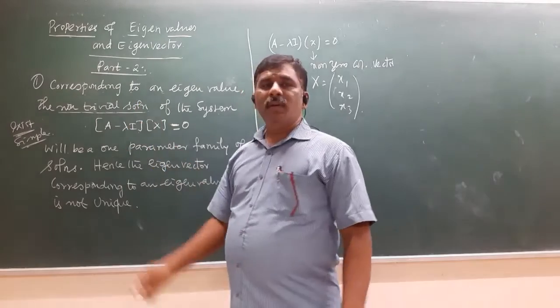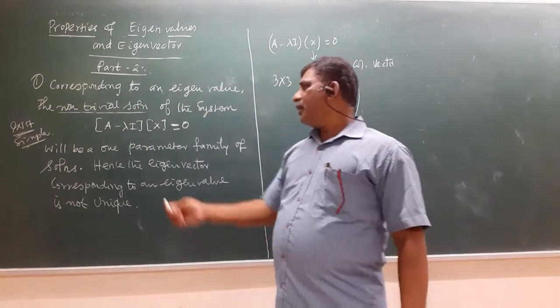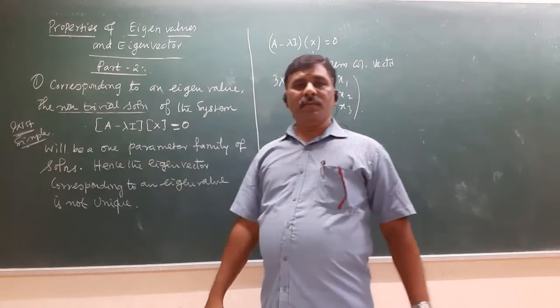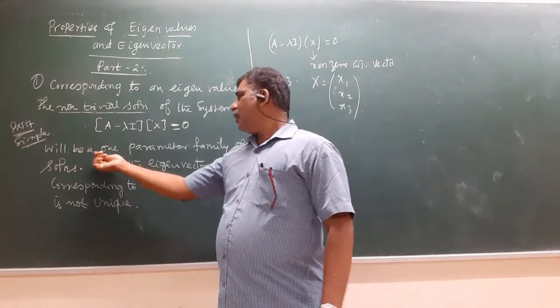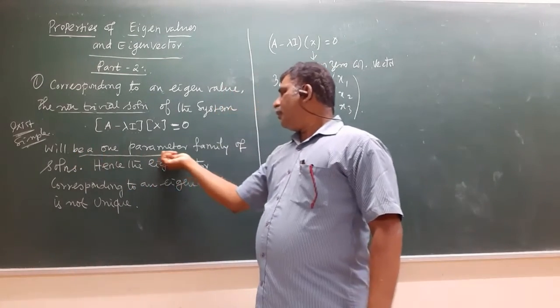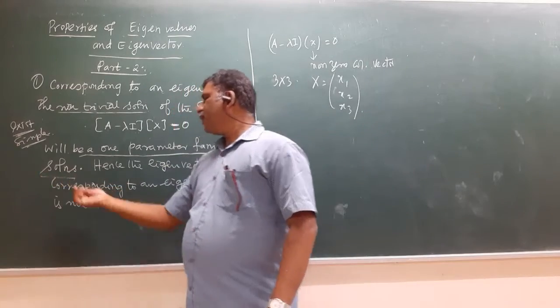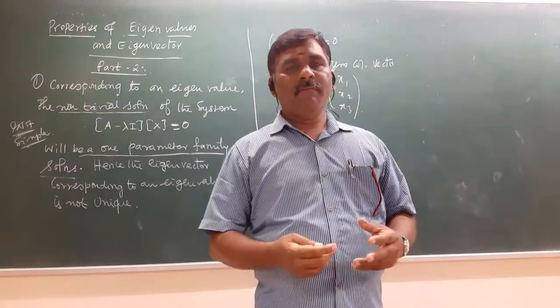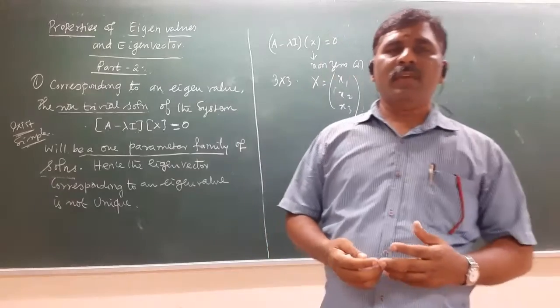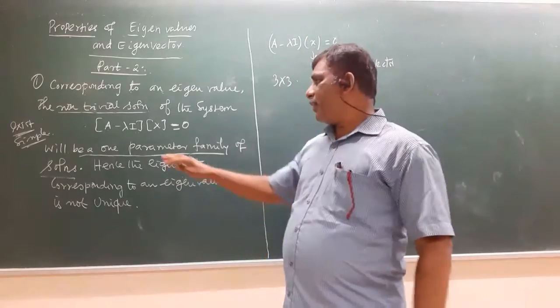Particularly, this property says that when you are finding the non-trivial solution, it is a one parameter family of solutions. So what is called the family of solutions? It is a system of equations.